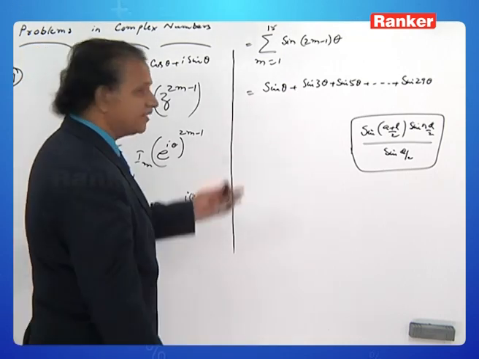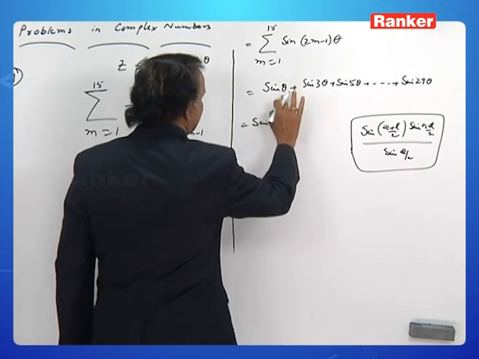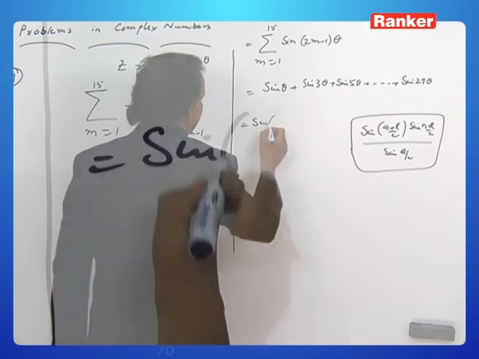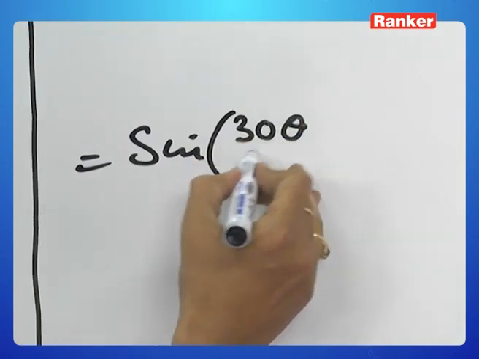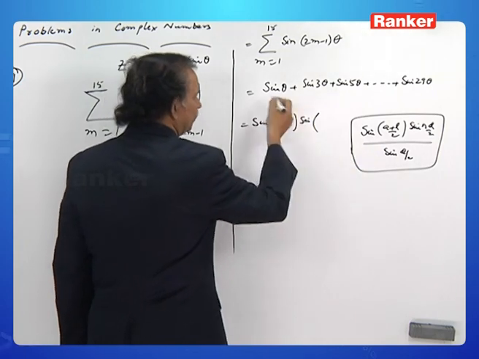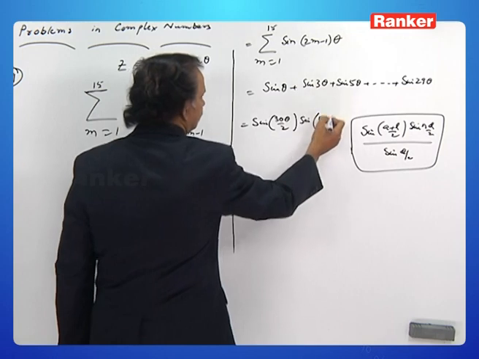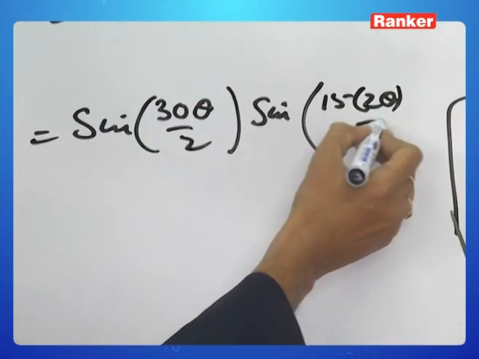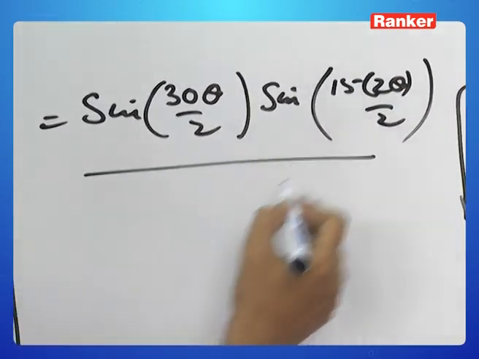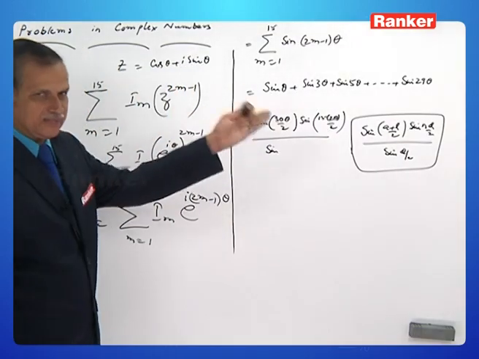Let us try to use that formula, so that it becomes sin of (first plus last) by 2, that is 30 theta by 2, into sin of n d by 2. N, the number of terms, what is that? 15. D, what is the difference? Theta, 3 theta, 5 theta, and so on.